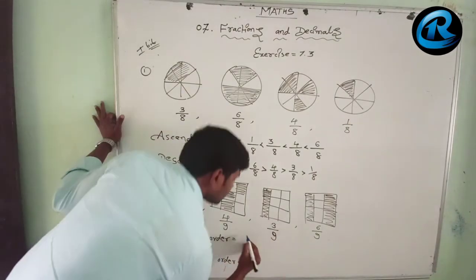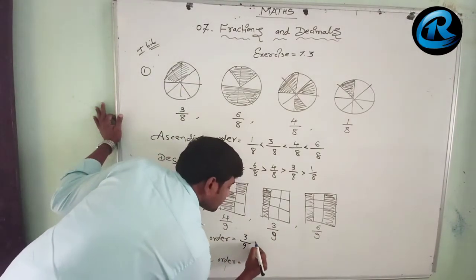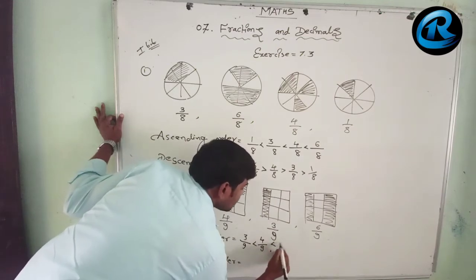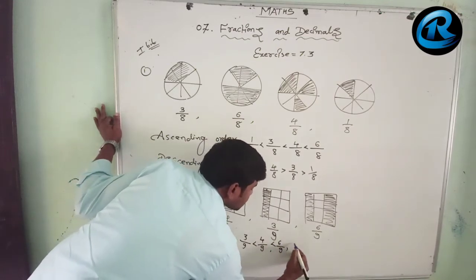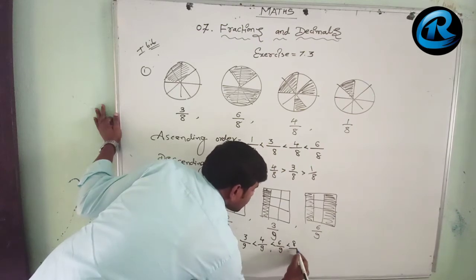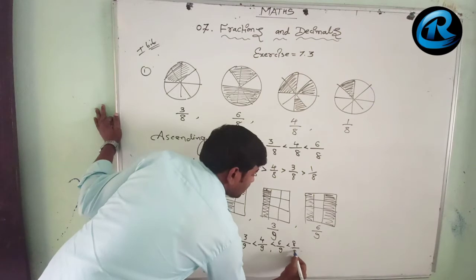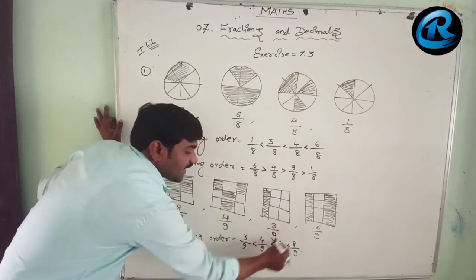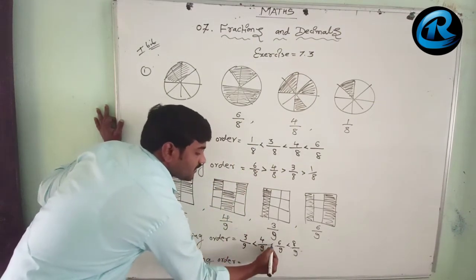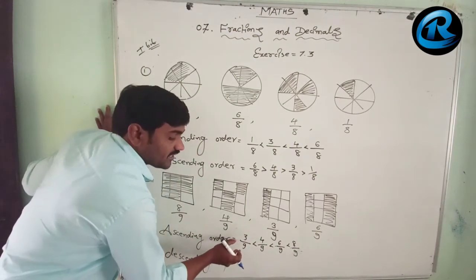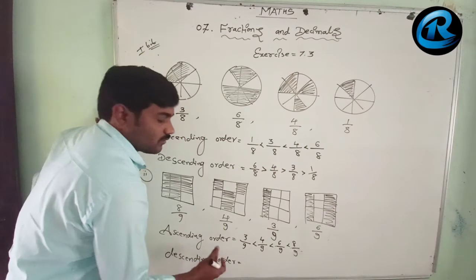Let us write the smallest one first: 3 by 9, which is less than 4 by 9, which is less than 6 by 9, which is less than 8 by 9. See, when the denominators are the same, we just compare the numerators. The numerator which is less is the smaller one.